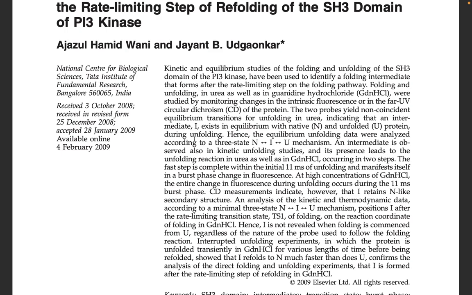When you monitor by fluorescence, you look at how tertiary structure is changing, and when you look by circular dichroism, you look at how secondary structure is changing, and if they are changing differently, that means some intermediate conformation exists. So we'll discuss it.